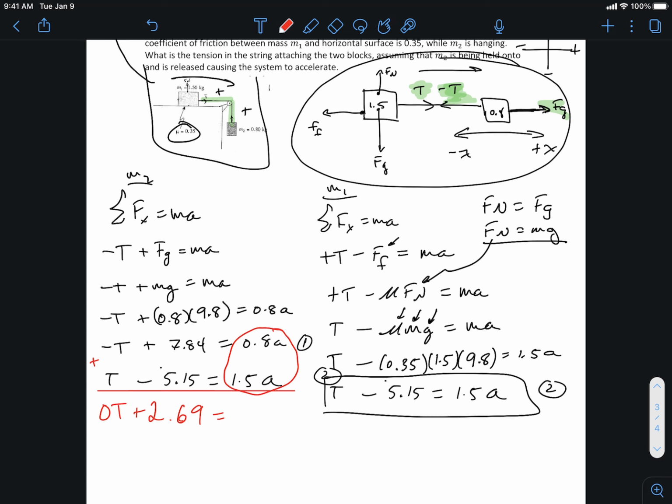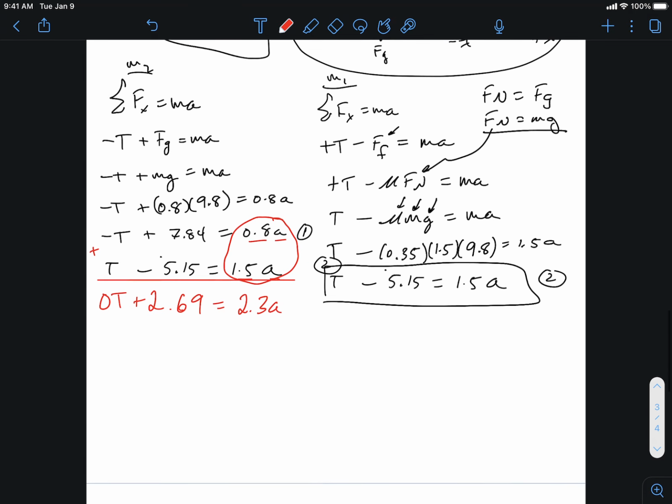This is called collecting like terms. They're like terms because I have something a. You add them together, you should get 2.3a. And if I were to divide both sides by 2.3, I'll get a is equal to 1.17 meters per second squared.